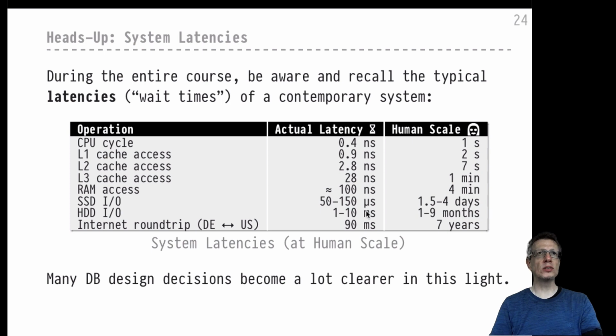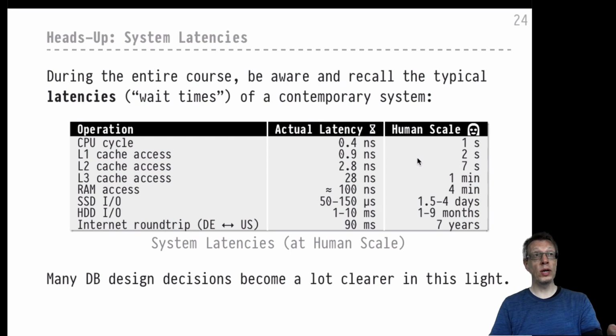So the latencies go up very steeply, and nobody out there can make sense of nanoseconds, microseconds, or even milliseconds. I've translated that into a scale of time ranges that a human can perceive and understand. If we would normalize the single CPU cycle in our system to last 1 second, of course it only lasts 0.4 nanoseconds, then L1 data cache access would last 2 seconds.